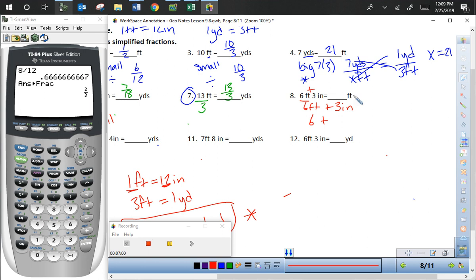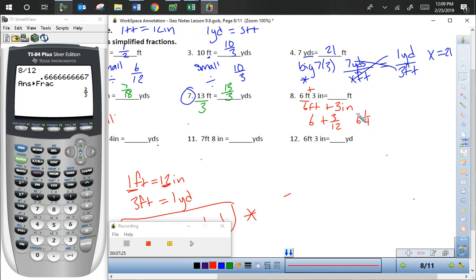So inches to feet, we're going to use the number 12. And since we're starting with inches and inches is smaller than feet, we're going to divide by 12. All right? So here, again, we can use our calculator to help us. You don't have to necessarily reduce this first. If you do, we get 6 1/4.